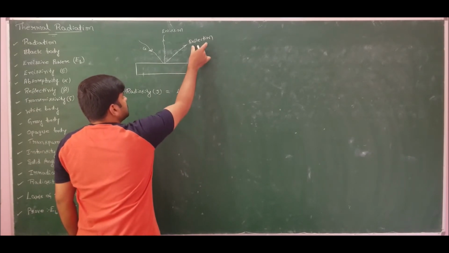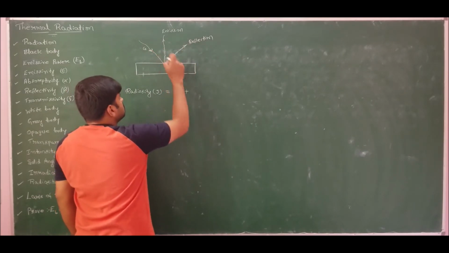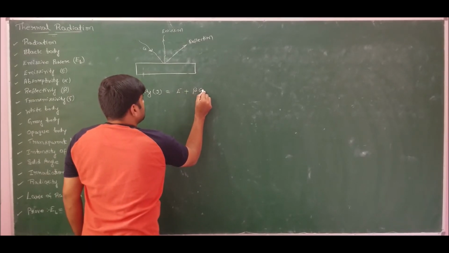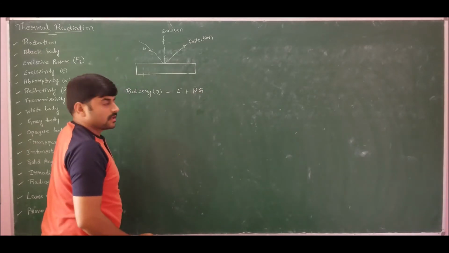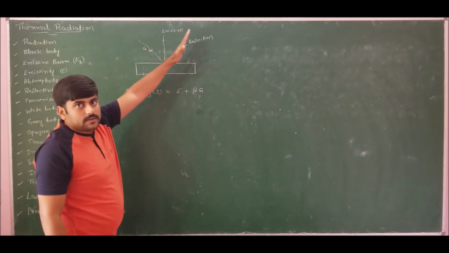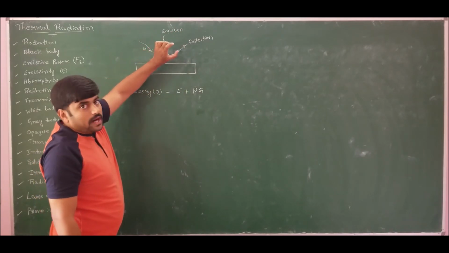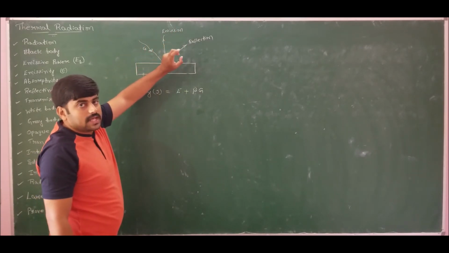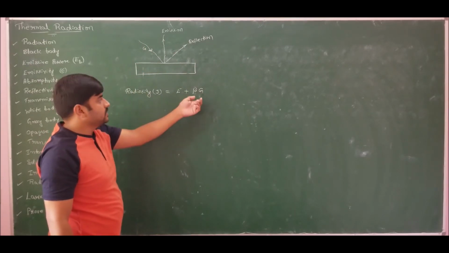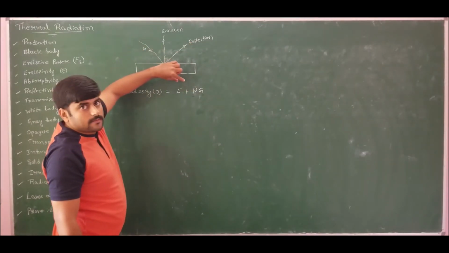This reflection is some part of the amount of radiation striking the surface, so it is reflectivity times the irradiation G. Hope you understood. Because all the incident radiation will not be reflected, only part of the incident radiation will be reflected. That part of the incident radiation that is reflected is termed as reflectivity. So reflectivity times the irradiation gives us the amount of reflected radiation, plus the emission.